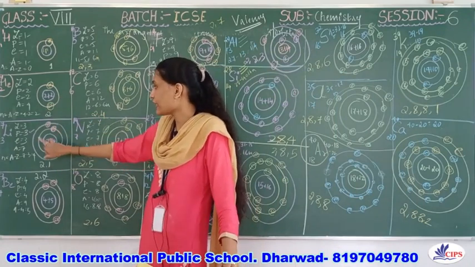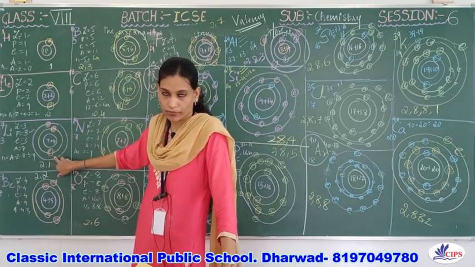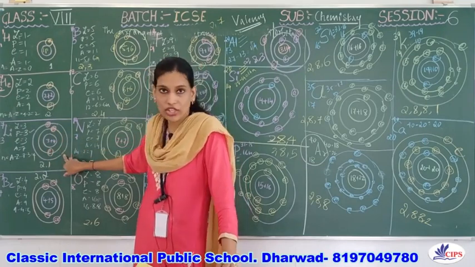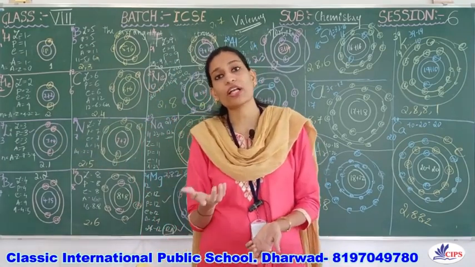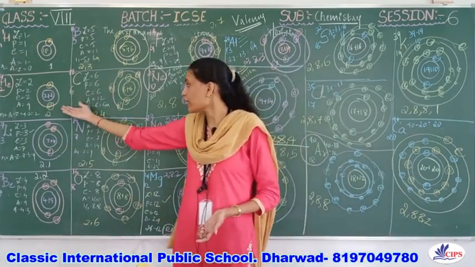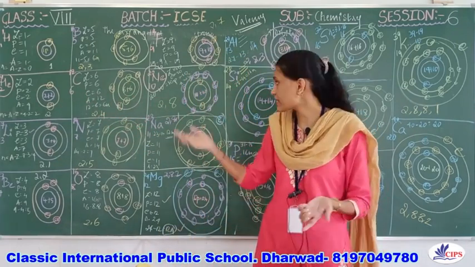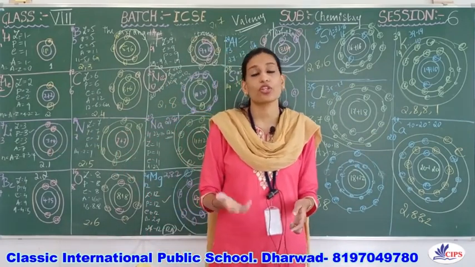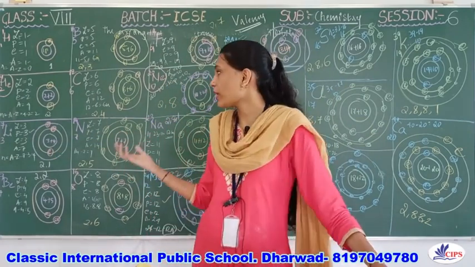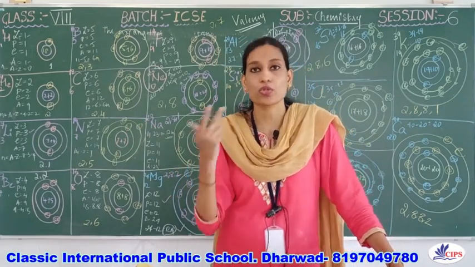Now see here, lithium. Lithium has 2 electrons in K shell and 1 in L shell. But how many more electrons does it need to become stable like neon? It requires 7 more electrons. So what will lithium do?